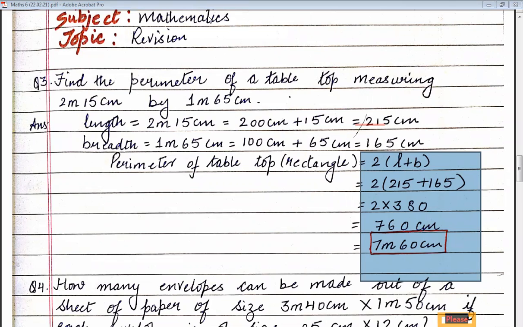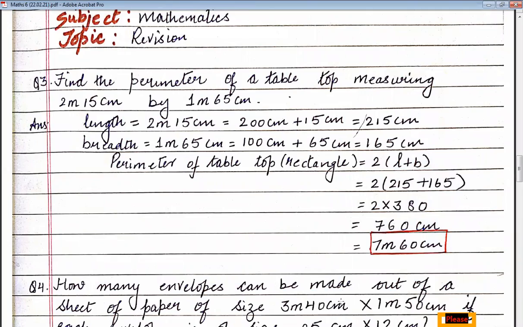After adding, you will get 380. Now multiply 380 with 2, your answer is 760 centimeter. So you can give your final answer as 7 meter 60 centimeter. Is it clear, students? So I hope you are clear with this question.